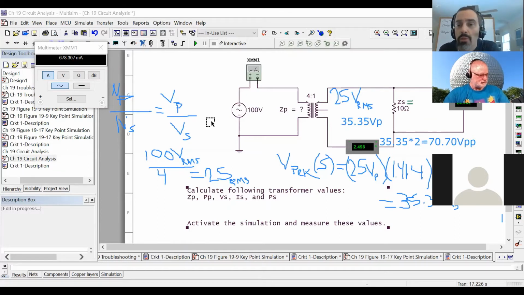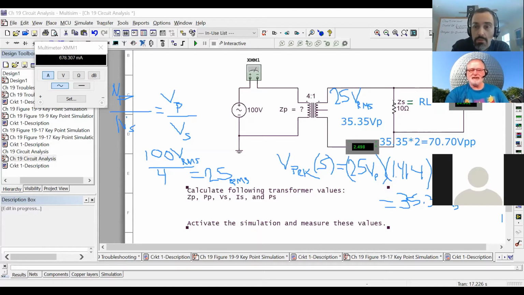Okay, so you see the ZS right here. The ZS is going to be equal to your RL. So if you ever see RL, your RL is equal to ZS. ZS is your impedance on the secondary. Are there any questions on that?